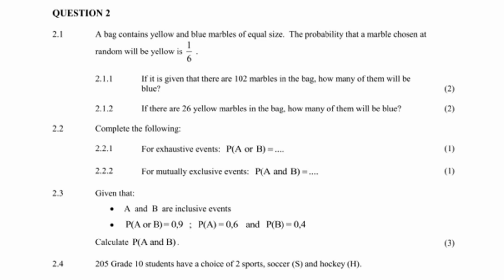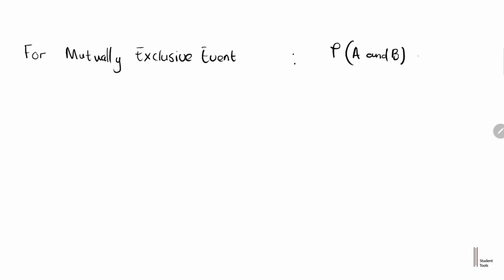2.2.2, we have for mutually exclusive events, and then we have the probability of A and B equal to something. All right, so first let us define what are mutually exclusive events.